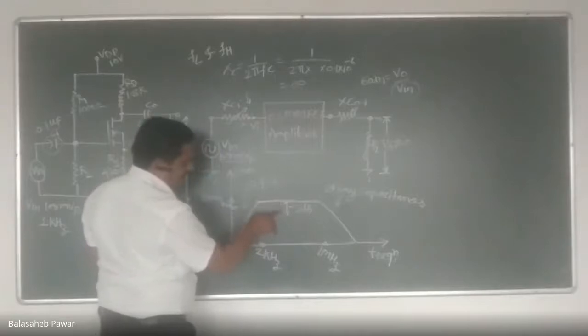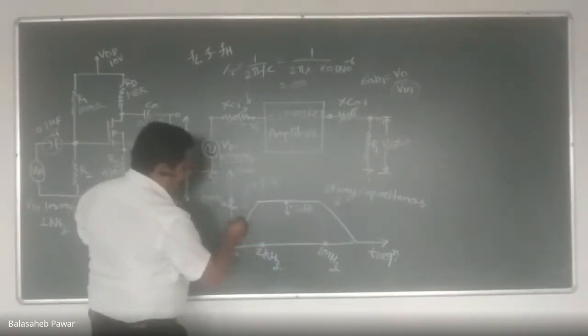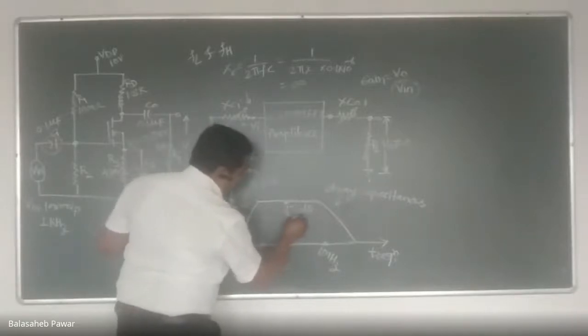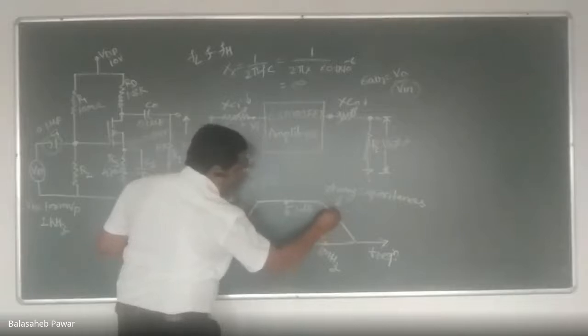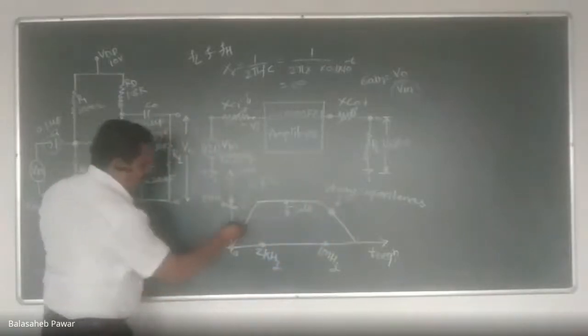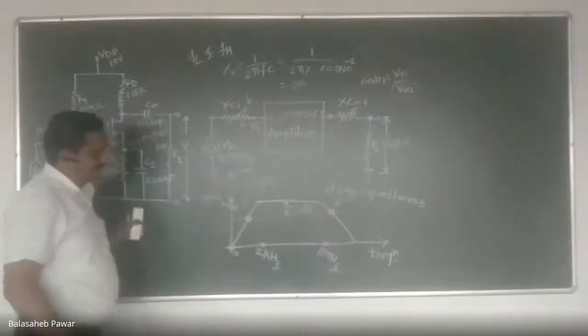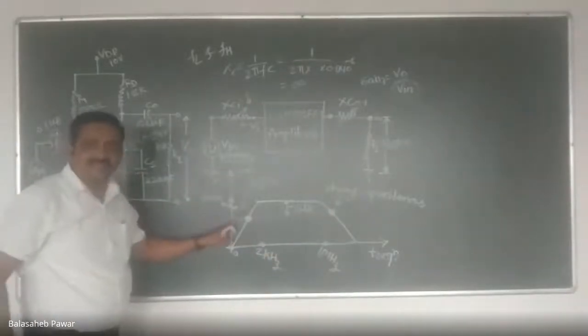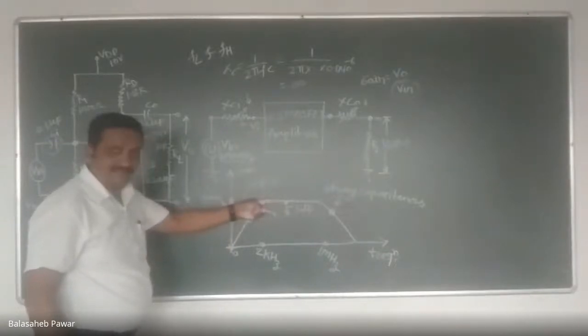Just go down over here and plot one straight line that will intersect our frequency response curve at the low frequency side as well as at the high frequency side. Is it visible? Whatever I am showing, just come down by 3 dB of that maximum gain.